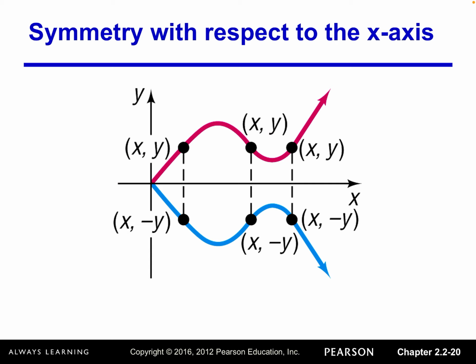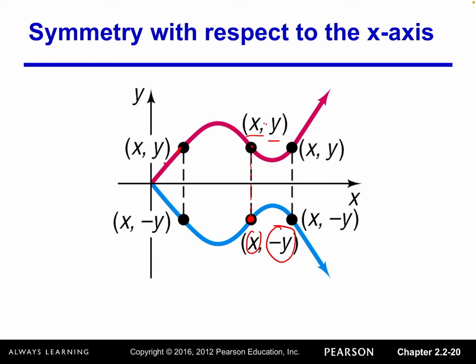So this is the kind of graph we say is symmetric with respect to the x-axis. The half of the graph in the red color, the other half in the blue color. Every point on this half, if we denote it as a point (x, y), you can find a symmetrical point which has the same x coordinates, but the y coordinates have the opposite sign.